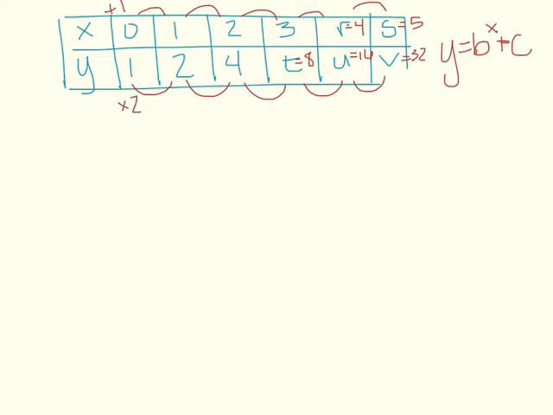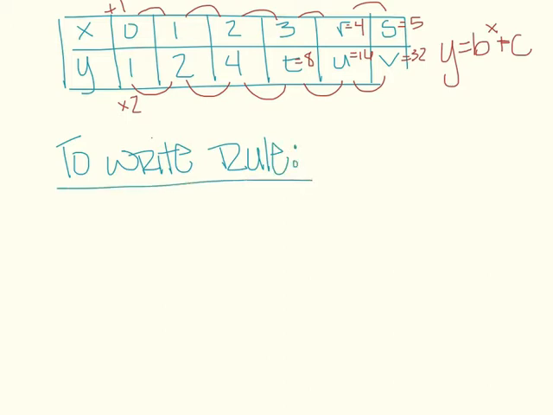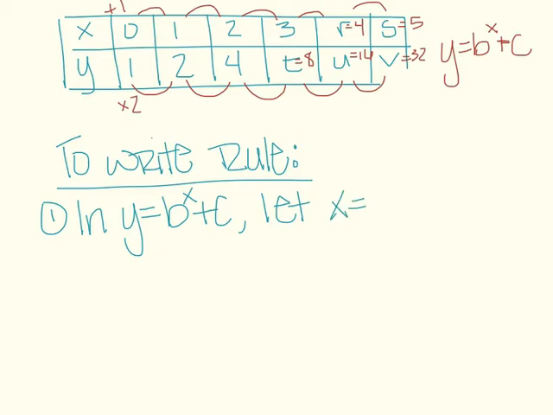To write a function rule, there's 3 basic steps. First step, in y equals b to the x plus c, let x equal 0.